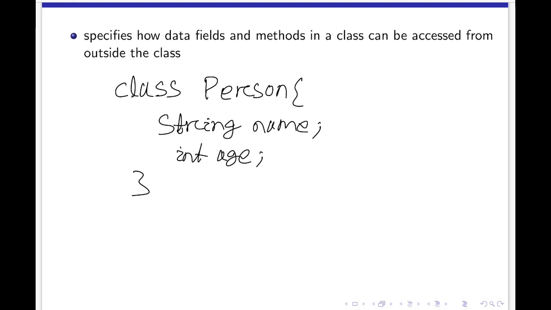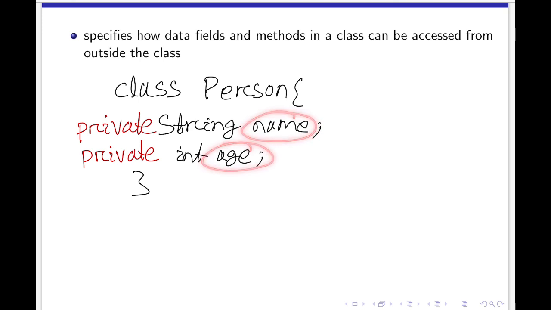That means if we write private before the string name, and similarly if we write private before int age, then this name and age are allowed to be accessed within the class Person only. This means you cannot access the data fields name and age from outside the Person class.